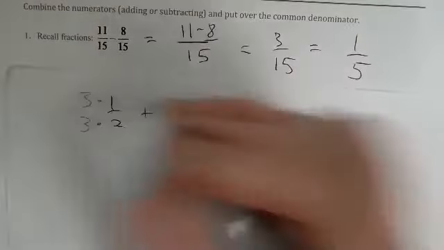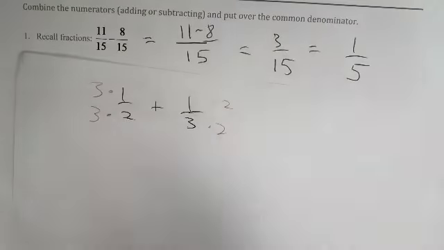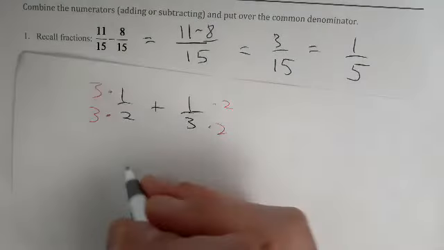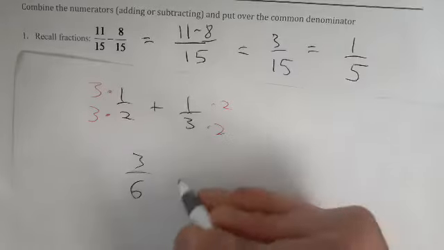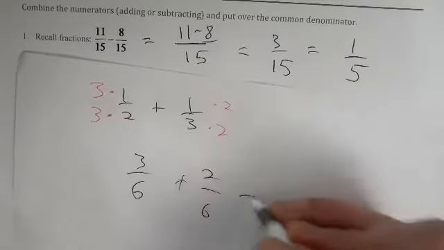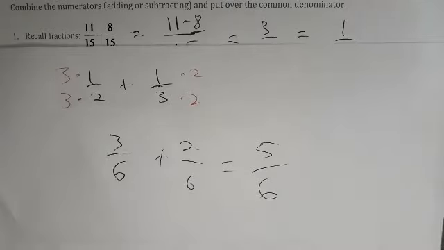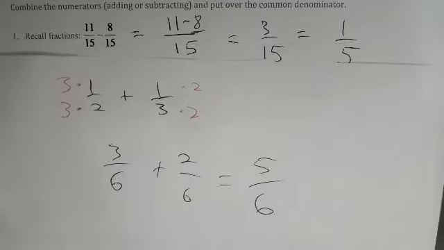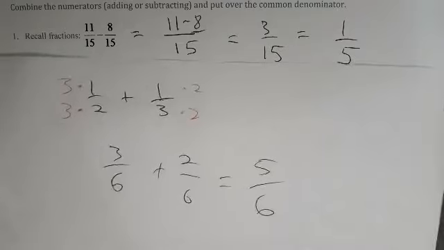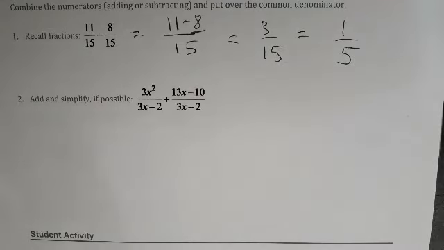So I got to multiply this by 3, and this by 2. This becomes something like 3/6 plus 2/6 gives me 5/6, which is already fully reduced. On the next page, we will be talking about finding the least common multiple between polynomials.